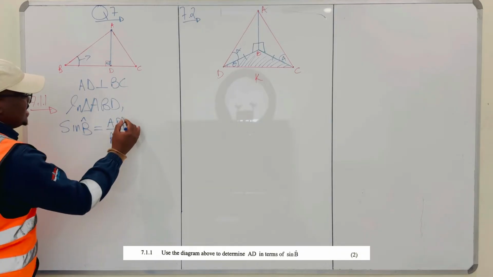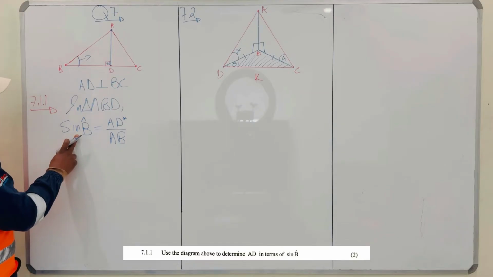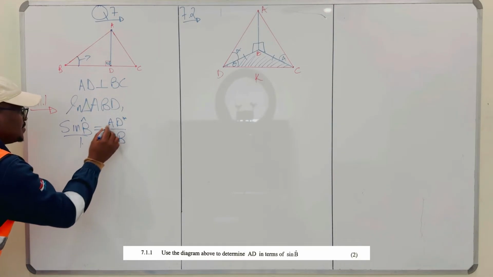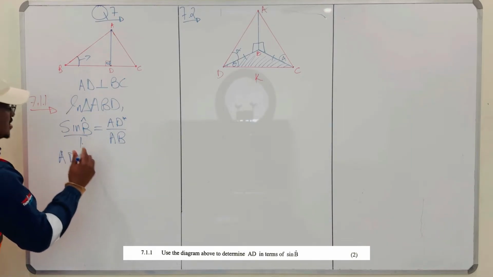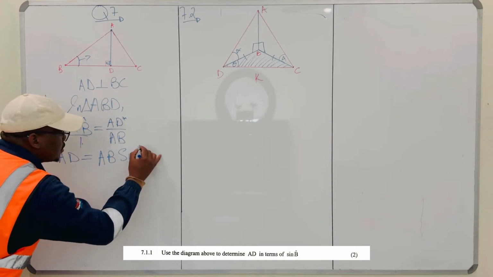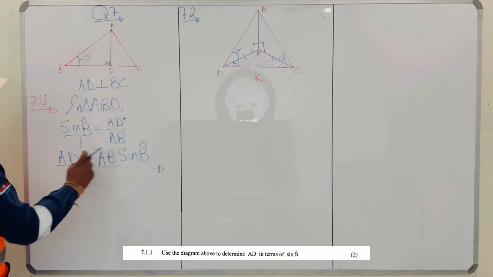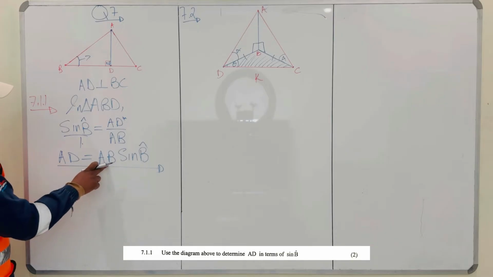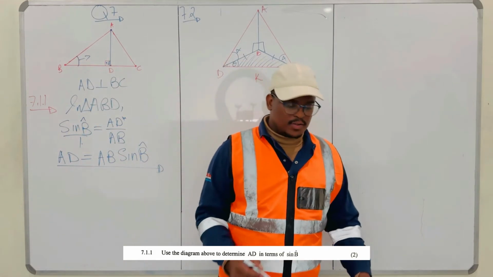We want AD, this height here, in terms of sine B. So all we have to do now is cross multiply. AD is equal to AB sine B. So we have expressed AD in terms of sine angle B. We're done with that one.